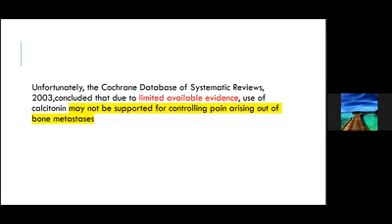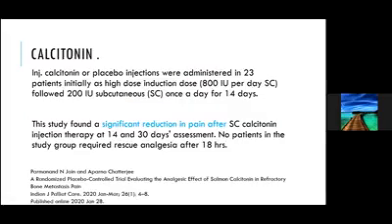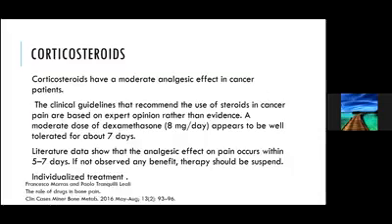But in the Cochrane database systematic review in 2003, they concluded that there is limited available evidence and calcitonin may not be useful in controlling the pain arising out of bone metastasis. So this newer study can be a hope for the use of calcitonin in the future, because the Cochrane database review dates back to 2003.